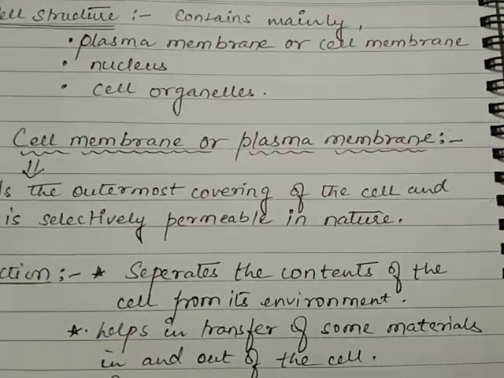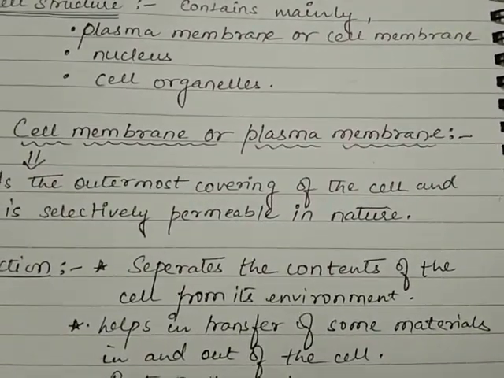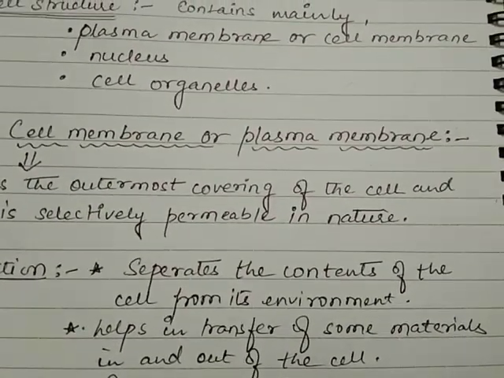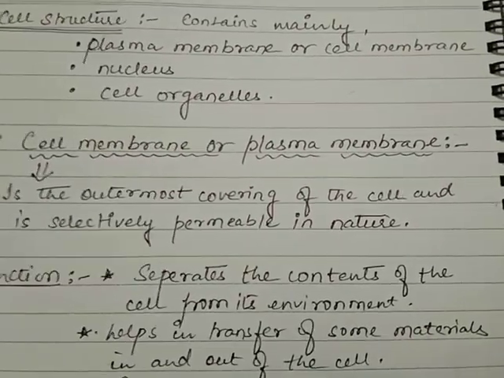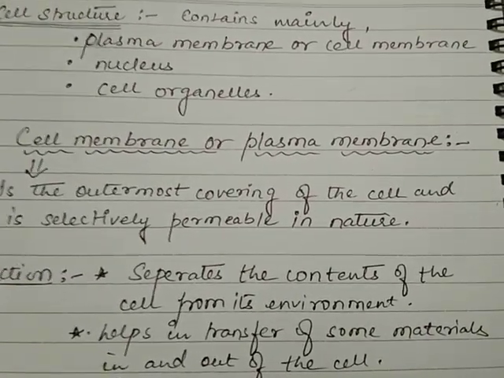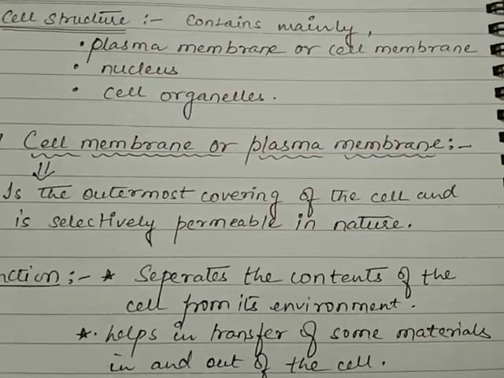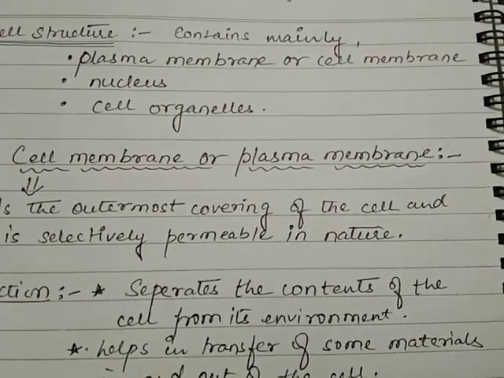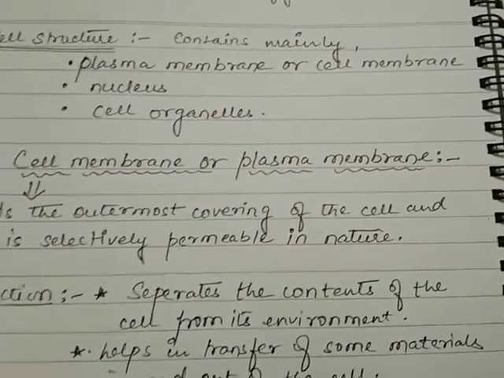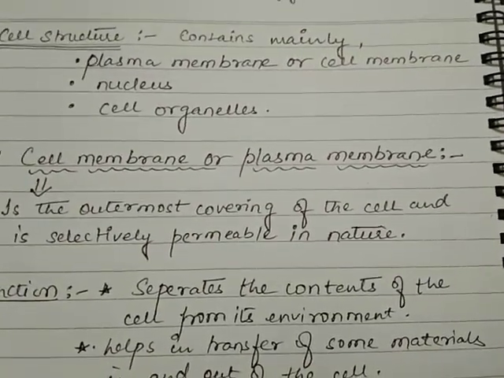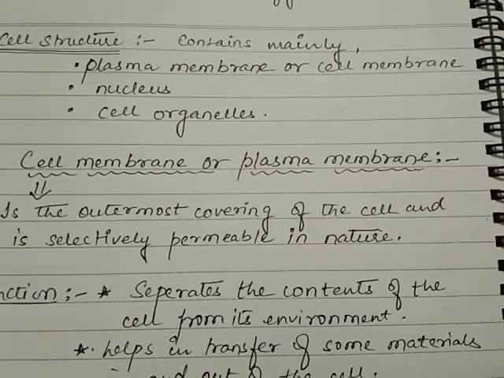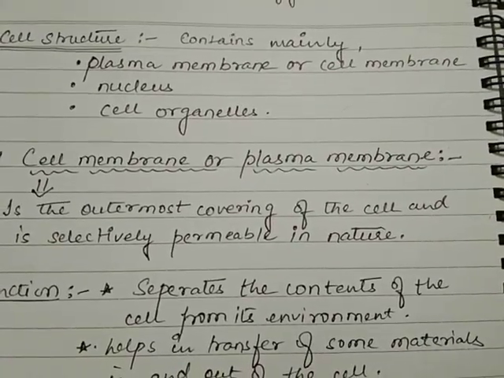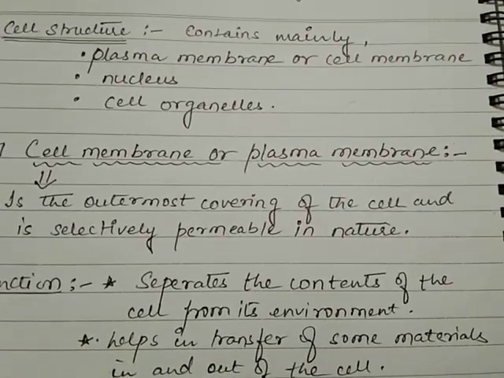So it is possible by the plasma membrane only to differentiate or separate these contents, these things which are present inside the cell to whatever is present outside the cell. It is able to separate the things from each other. Also, by doing this, it provides a limited area for a cell to function.